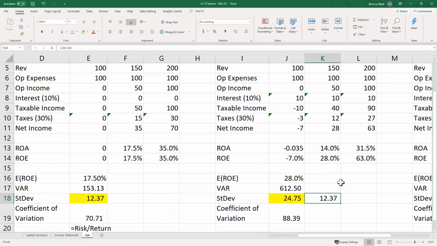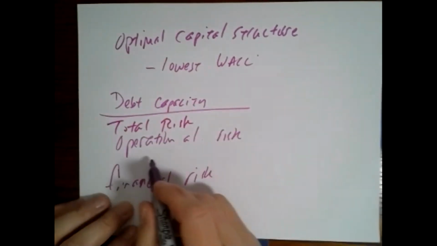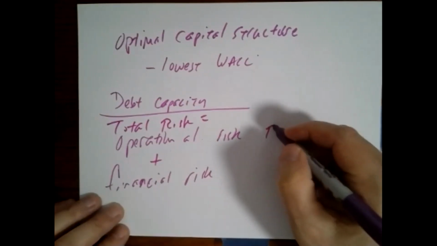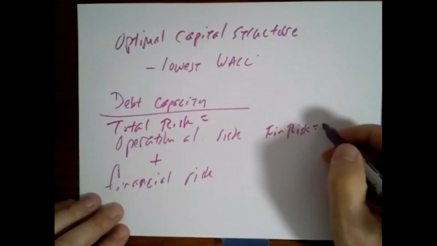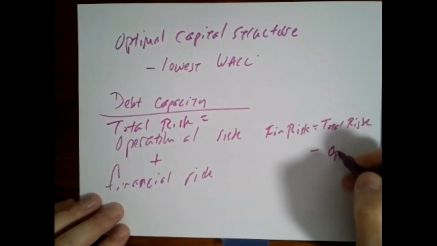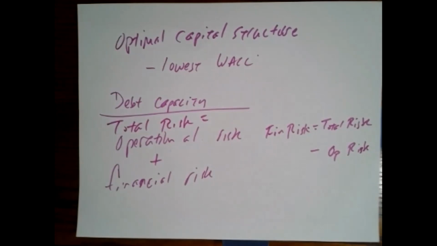So the key thing to remember is, and we'll stop on this, total risk is equal to operational risk plus financial risk. So financial risk is equal to total risk minus op risk, right? And so operational risk is the risk, or the standard deviation, of the return on equity if you have 100% equity. All right, I'm 1 minute over, so sorry about that.